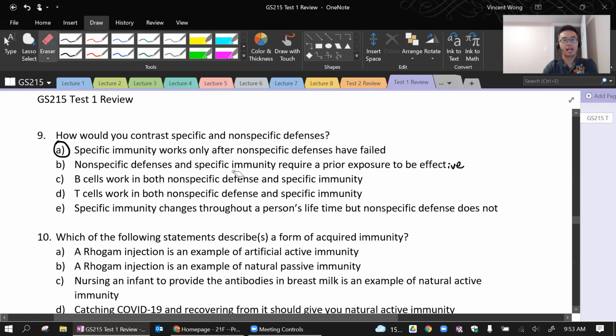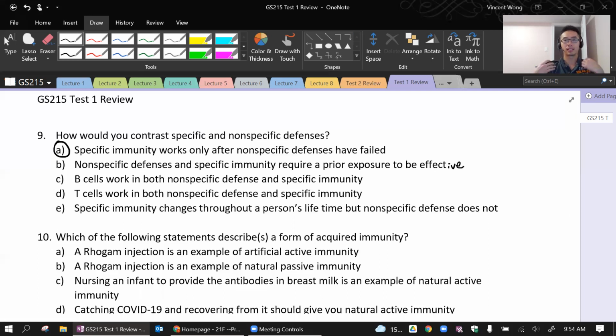Non-specific defenses and specific immunity requires a prior exposure to be effective. That's not true, okay? Actually neither of them require prior exposure, okay? It would be more potent for specific immunity if you had prior exposure.